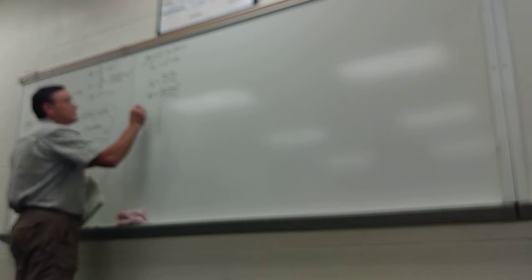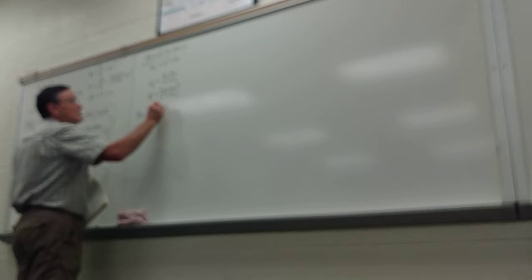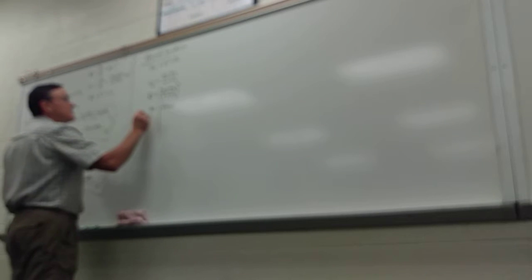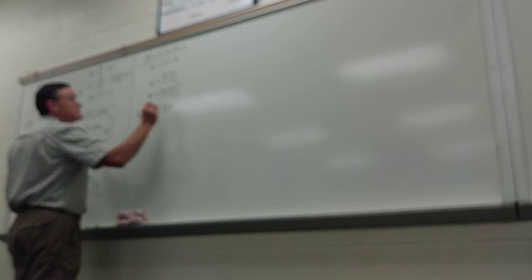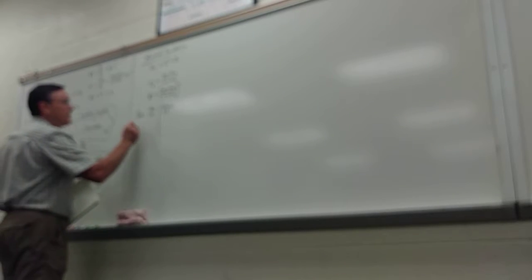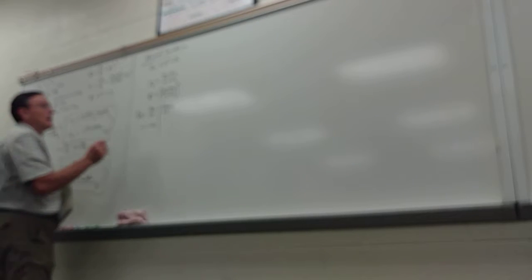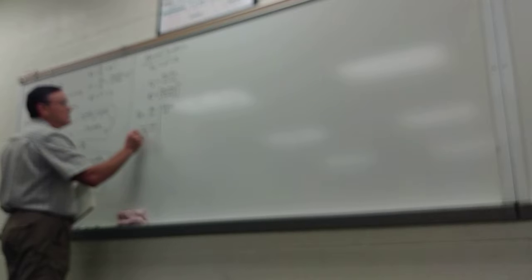What I want to do is focus on an example. Let's say we have an interface between air and glass in the visible. And so air has a refractive index 1.0, glass, let's say, is 1.5. And so we have light incident on that interface, and what we want to know is how much is reflected.